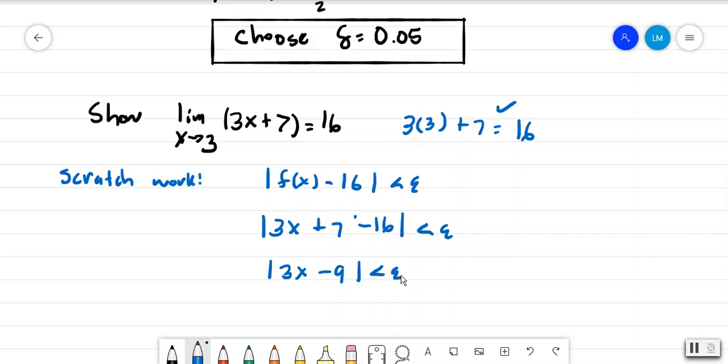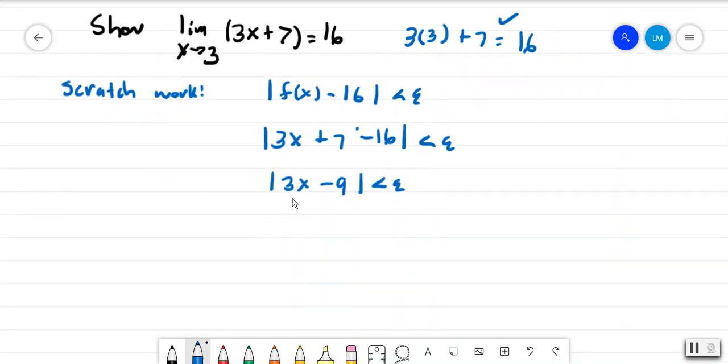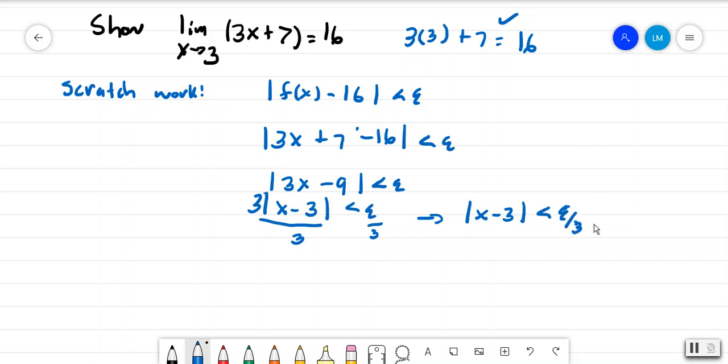From here, all we need to do is factor out the 3. So I have 3 multiplied by the absolute value of x minus 3 is less than epsilon. Here I just divide by 3 on both sides. Once I do that, I get that the absolute value of x minus 3 is less than epsilon over 3. That means delta is equal to epsilon over 3. So in that case, I found a delta that works.